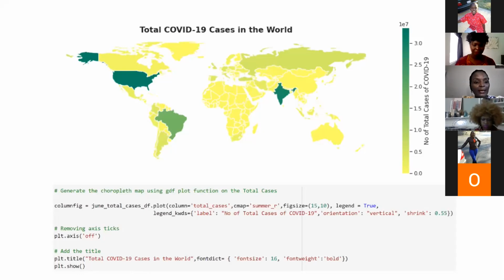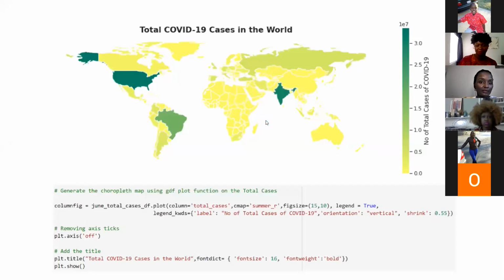We can see what's happening without having to go through pages and pages of data. And this is the power of GIS, and this is the power of a map. It shows you in one map all that data that we have been working with. So you can see that all the world, the numbers in the data set is represented here.